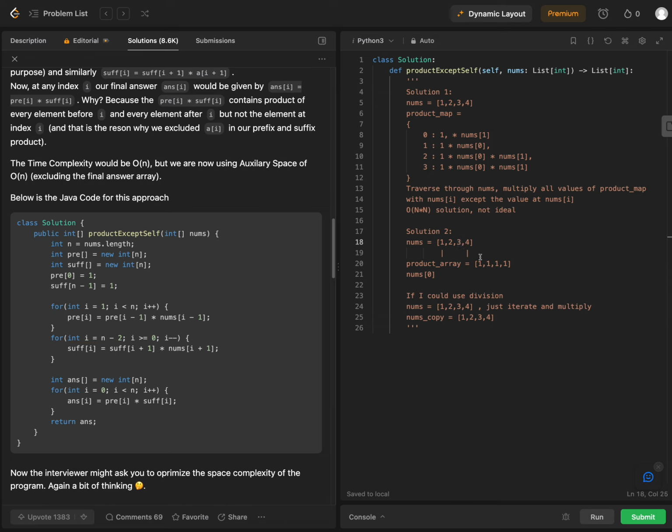When you have nums, prefix will be 1, 2, 3, 4. You initialize with 1, and then prefix of 2.